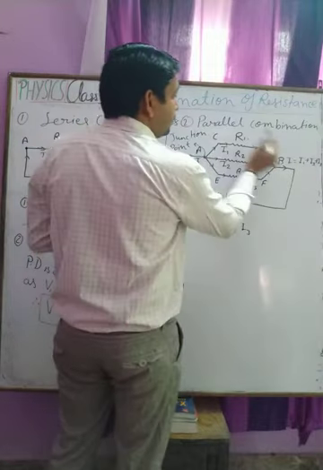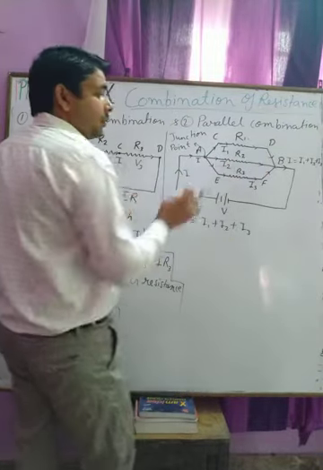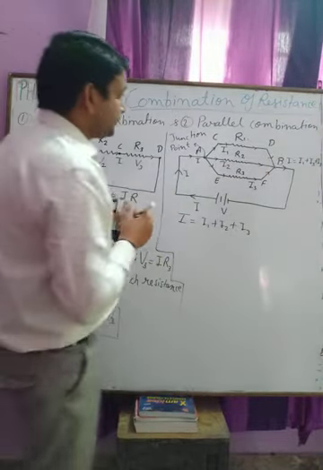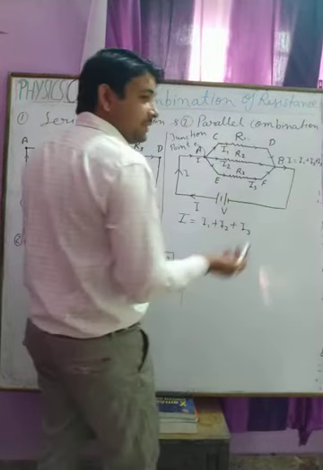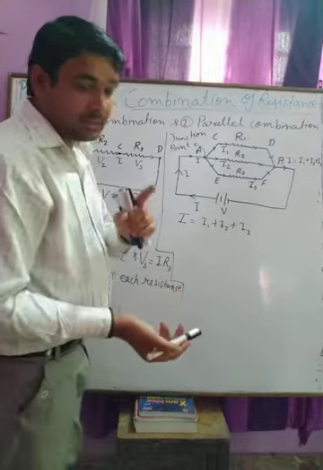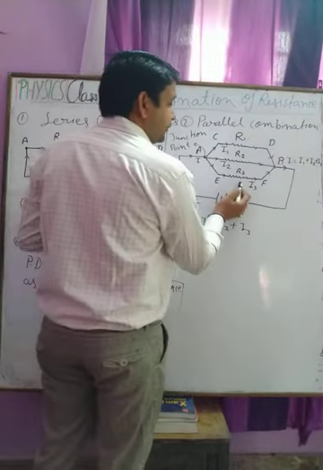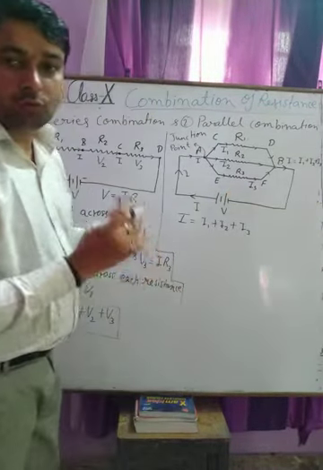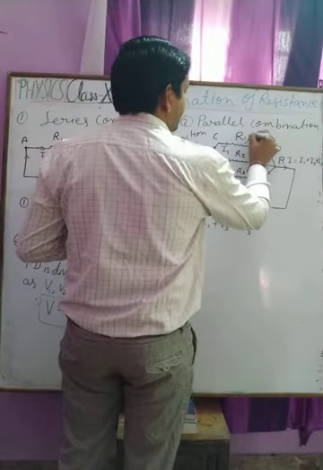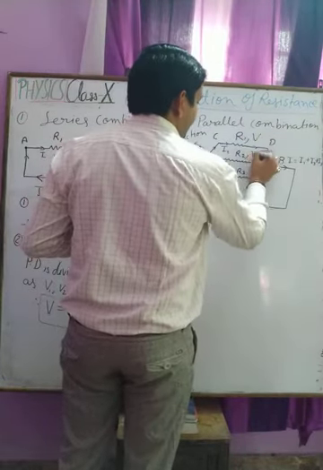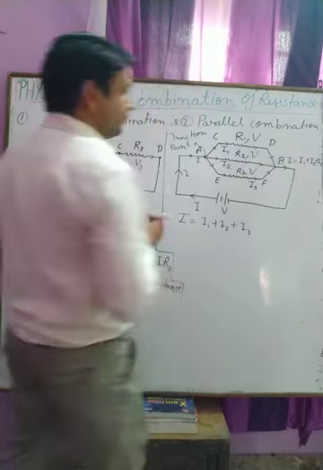It goes through R1, and through R2 and R3 it will not go together. If it goes through R2, it can go with a single resistance, and if it goes through R3, it can be moved through R3. That is, the value of potential across each resistor is only V.